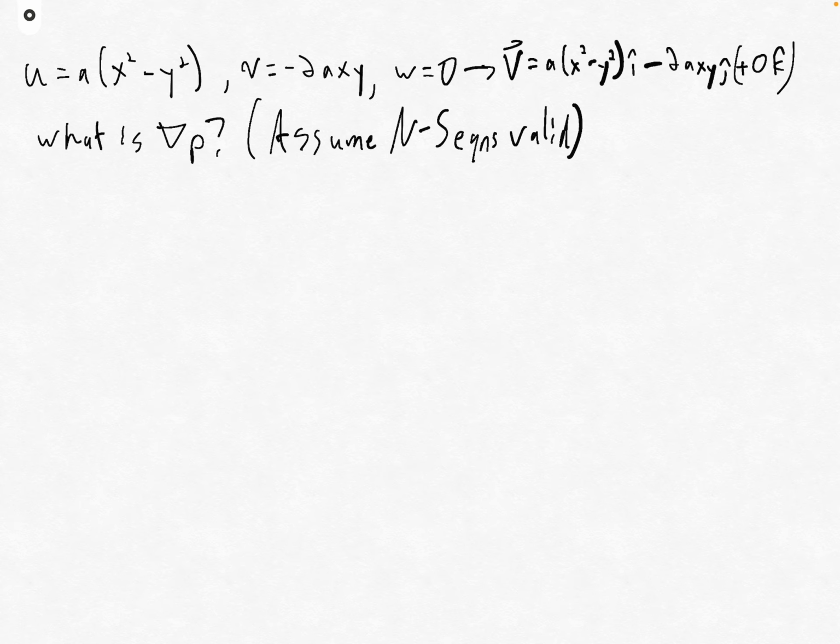So this is a two-dimensional incompressible flow. And again, you can look at the previous example to see that this velocity field satisfies our incompressible assumption.